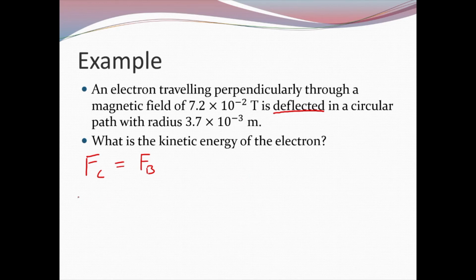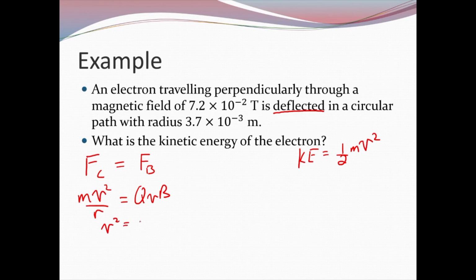The centripetal force is mv squared over r, and the magnetic force is q times v times b. For kinetic energy, we need to know the velocity, so we're going to have to rearrange this to solve for v.